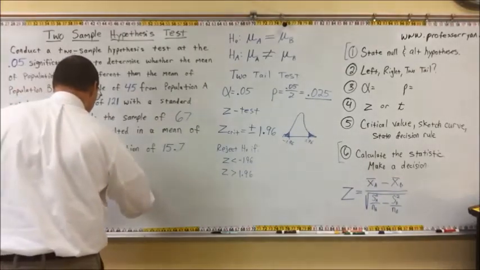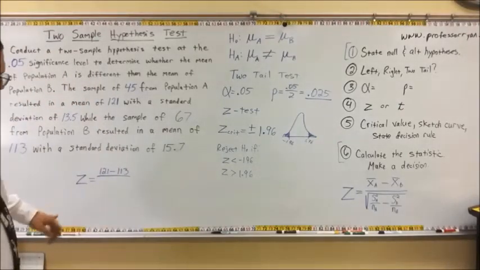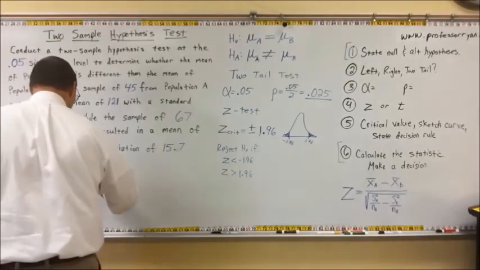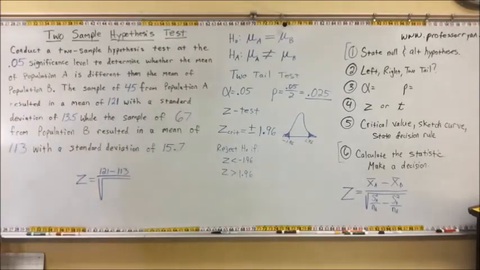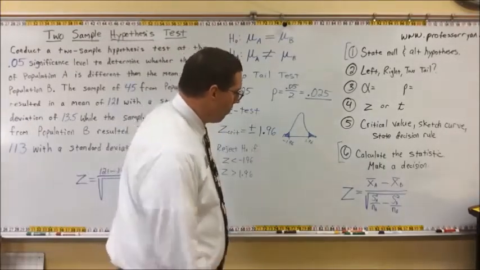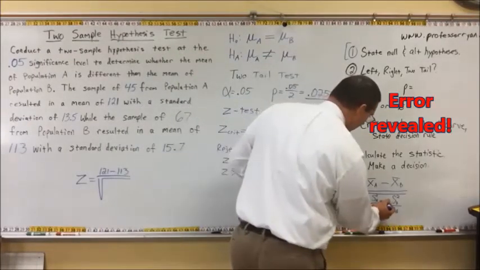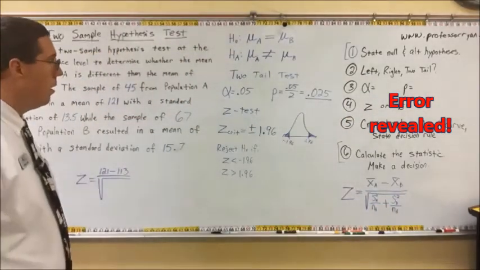Put that right here. Divided by, all right, so now this is going to get sort of crazy. We're going to do the square root of, we got to do a square root in the denominator. And it's the square root of, now we got to do two, oops, I messed up my formula here. This is a plus. Sorry about that. It's a plus. Whew, glad I caught that.